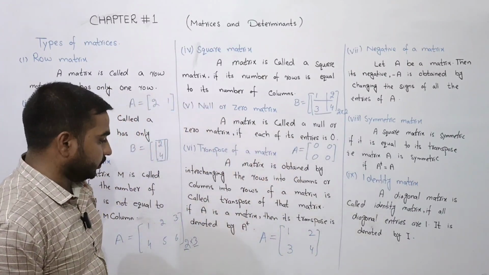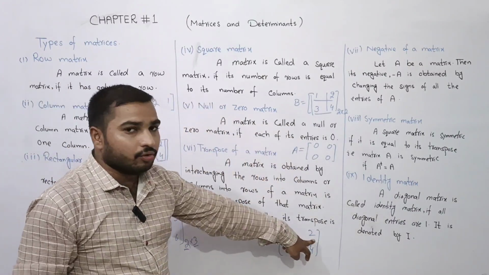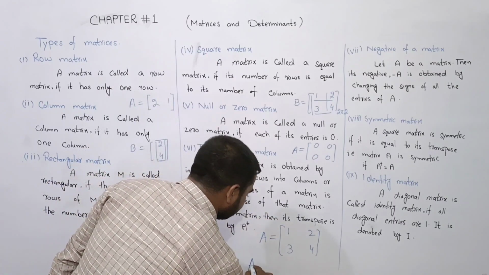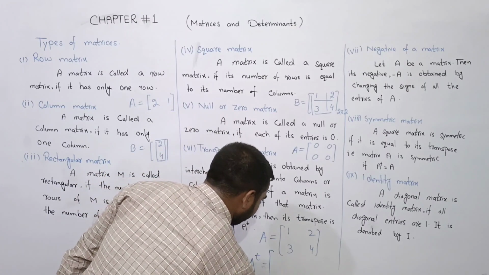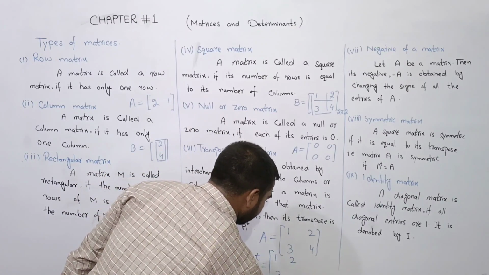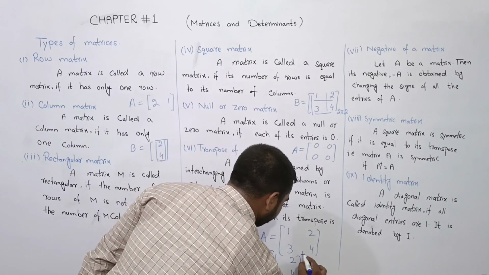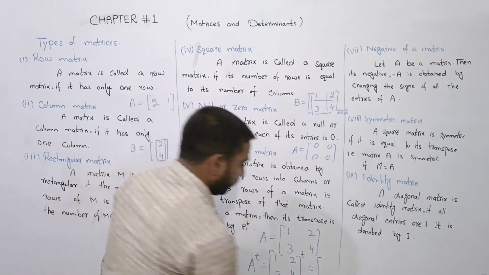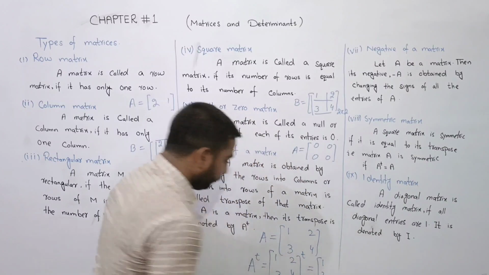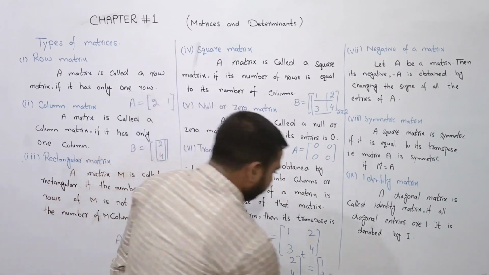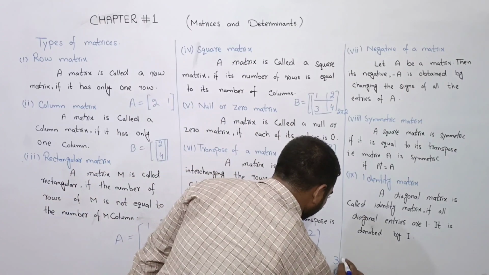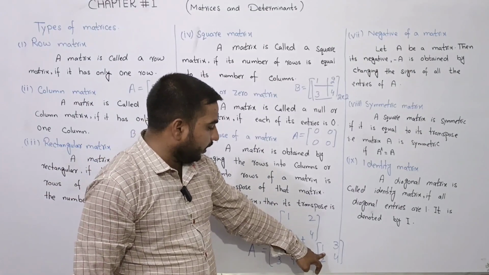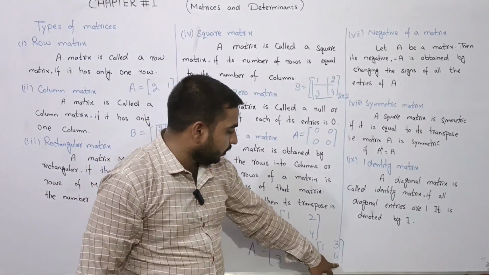We change the rows into columns. One row we convert into column 1, 2, the other row we convert into column 3 and 4. Then A transpose is equal to 1, 3, 2 and 4.